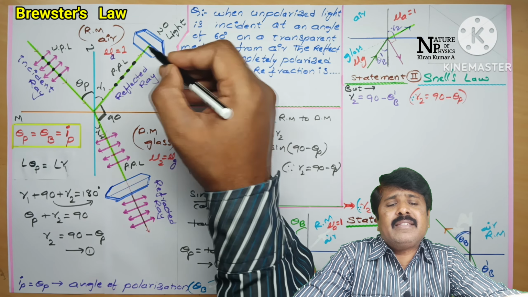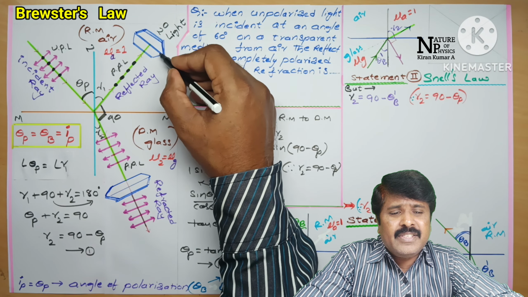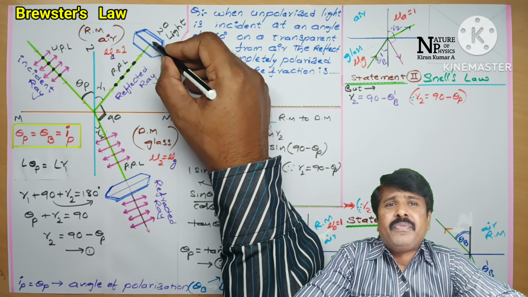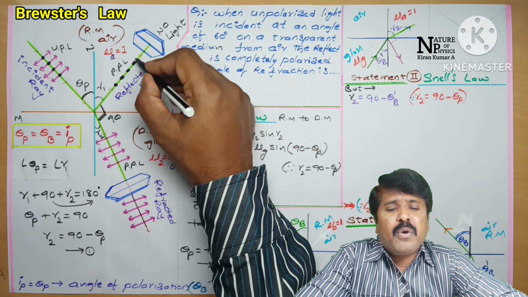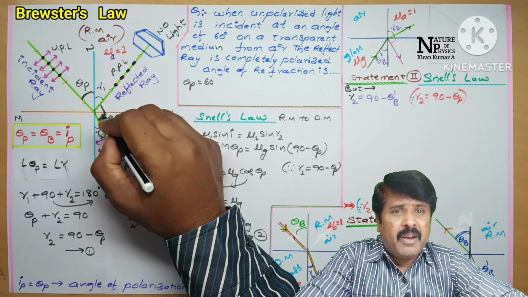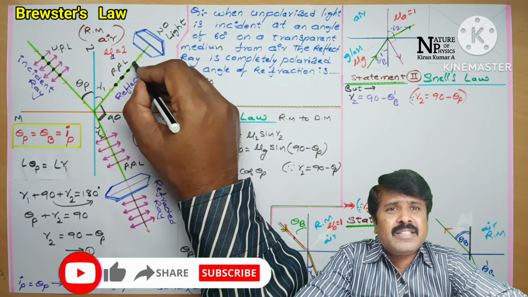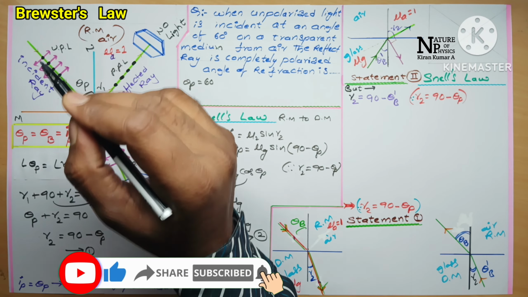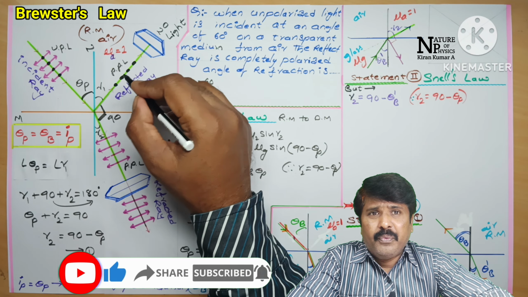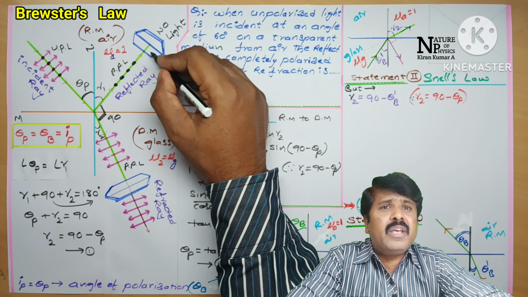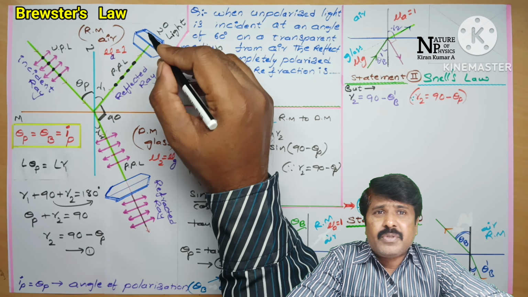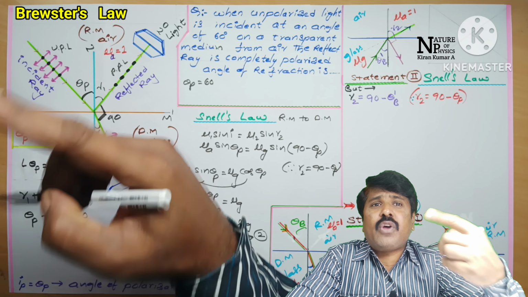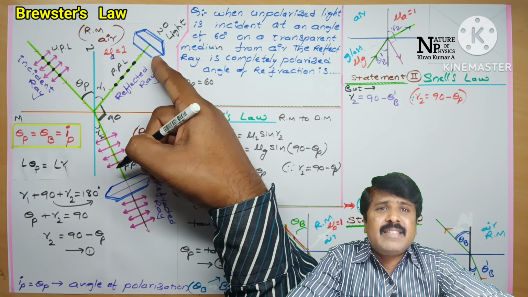How can we notice this? There is an analyzer arranged, so whenever light is passing through the analyzer, the dots are stopped and only arrows are released, so the reflected ray has only dots. That's why no light will appear when polarized light with dots travels through the analyzer, so there is no output because the dots are stopped by the analyzer.